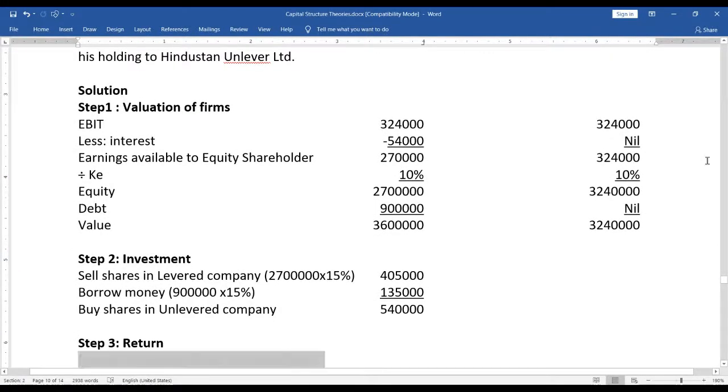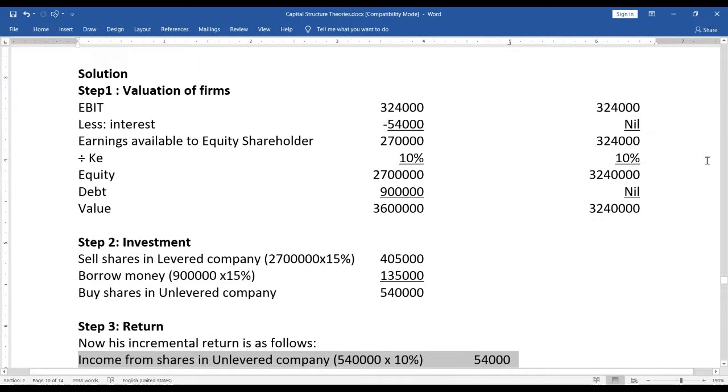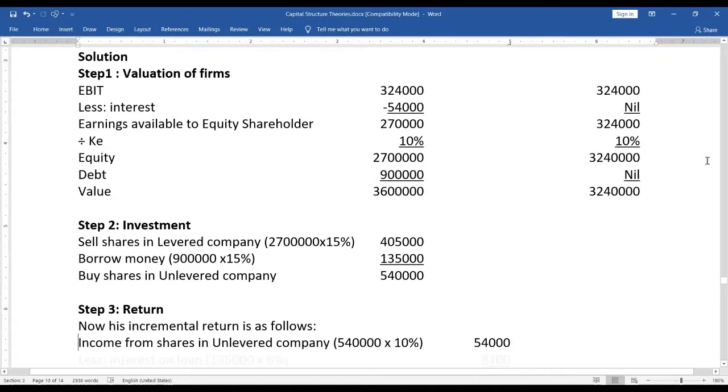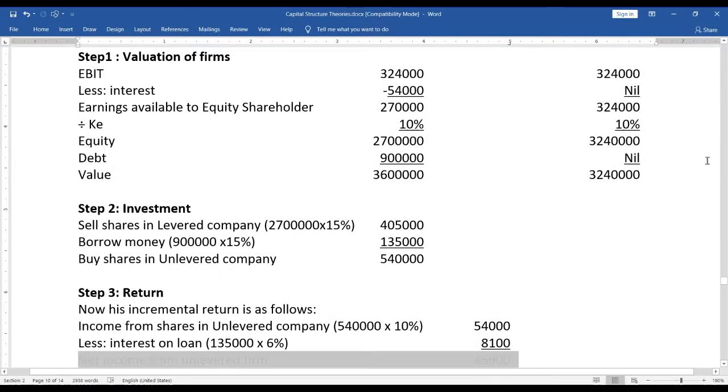And the last step is like this. Income from shares in the unlevered company is 5,40,000 into 10% cost of equity, which is 54,000. Less interest on the loan, 1,35,000 you borrowed. Here you assume that if the company can borrow at 6%, I can also borrow at 6%. After switchover, your net income is 45,900.